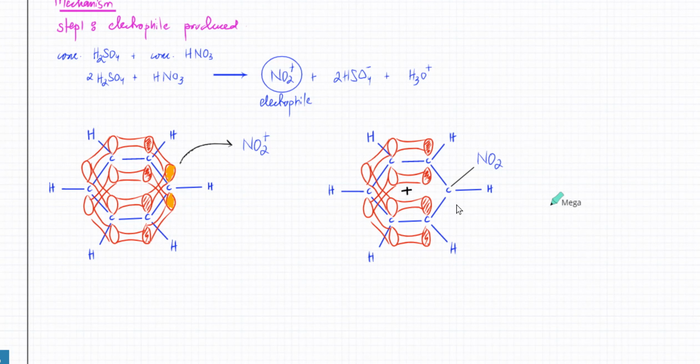Now the benzene electron cloud is electron deficient, so it needs the electron from somewhere. And H is the one that is very willing to lose electrons. H always likes to form H plus 1. So H is the one that's going to give the benzene electron cloud its electrons.